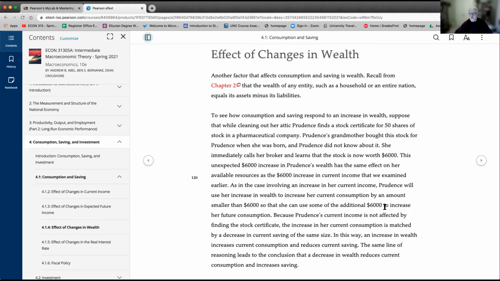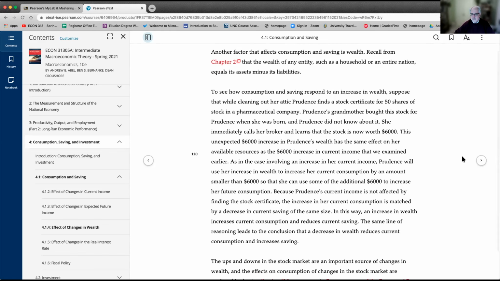So you're going to consume a higher fraction of your current income, leaving less to save. You have this big change in wealth, you have that to draw on, but your actual current saving would go down in that case.